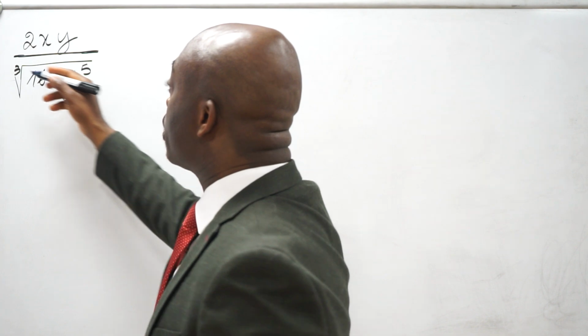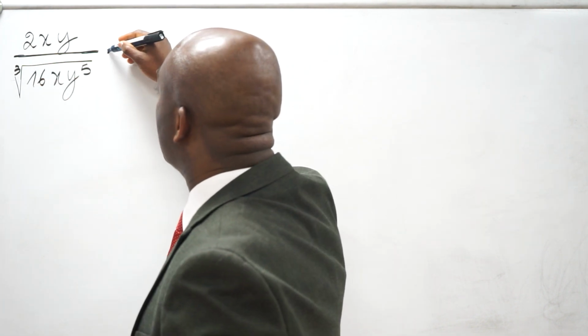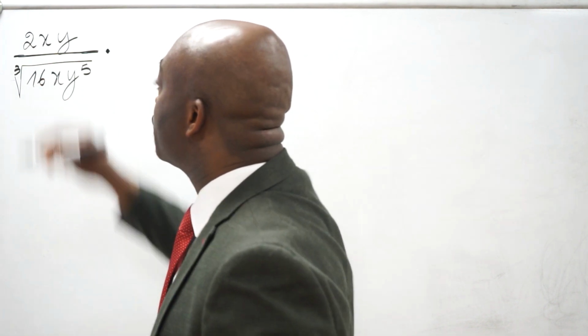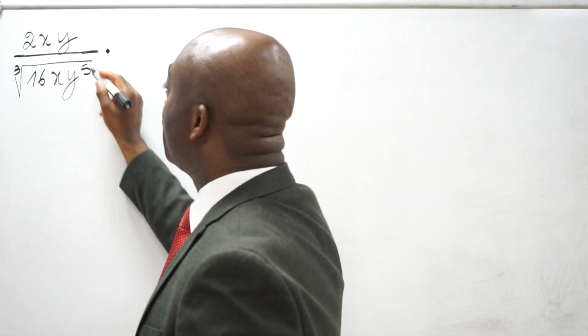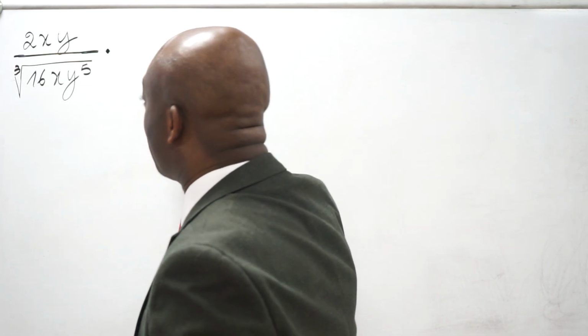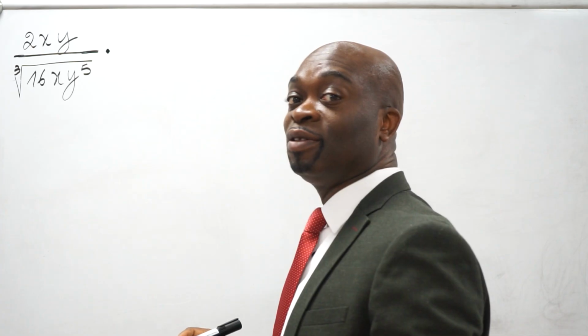So to do that, because we have a cube here, we're going to multiply this rational expression by the bottom piece. We're going to make another fraction, and then we're going to do it twice.